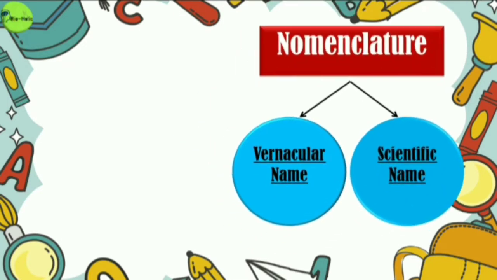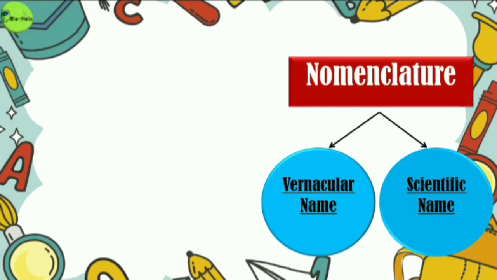And now we need to know what are the two types of nomenclature. The first type is the vernacular name, which are the names spoken in the local languages of any region or any area or any country. Now suppose you are going to travel in another country, and there you don't know the local languages, so it will be more difficult to communicate with people, right?